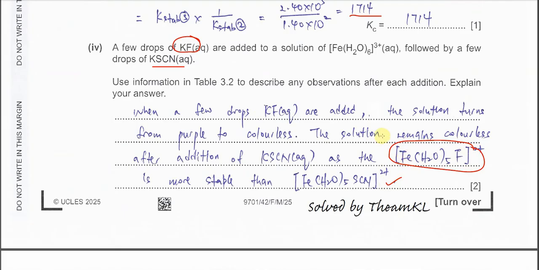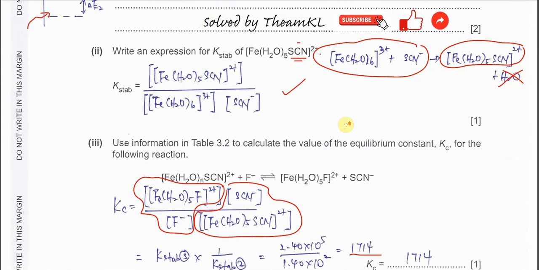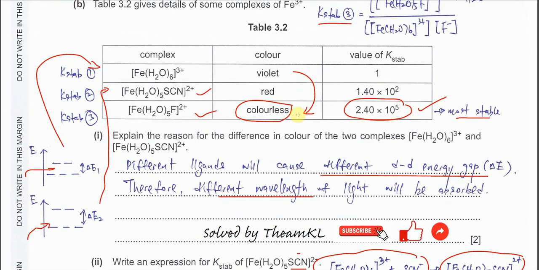So the solution will not change color now. It remains colorless after addition of the KSCN, potassium thiocyanate, just because this complex ion is more stable than the second one. From the K step values we know that once this complex ion forms, it's quite hard to form back or to form the second complex ion, because that one is less stable. It will form less compared to the last one.